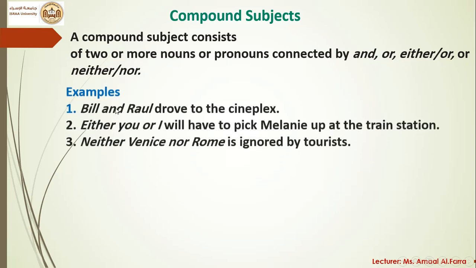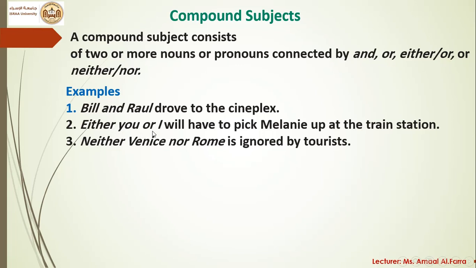Let's see the examples. Bill and Raul drove to the Cineplex. Cineplex, this is a cinema with multiple theaters. Bill and Raul. Here we have compound subjects. Both of them are subjects and they are connected together by the connective and.